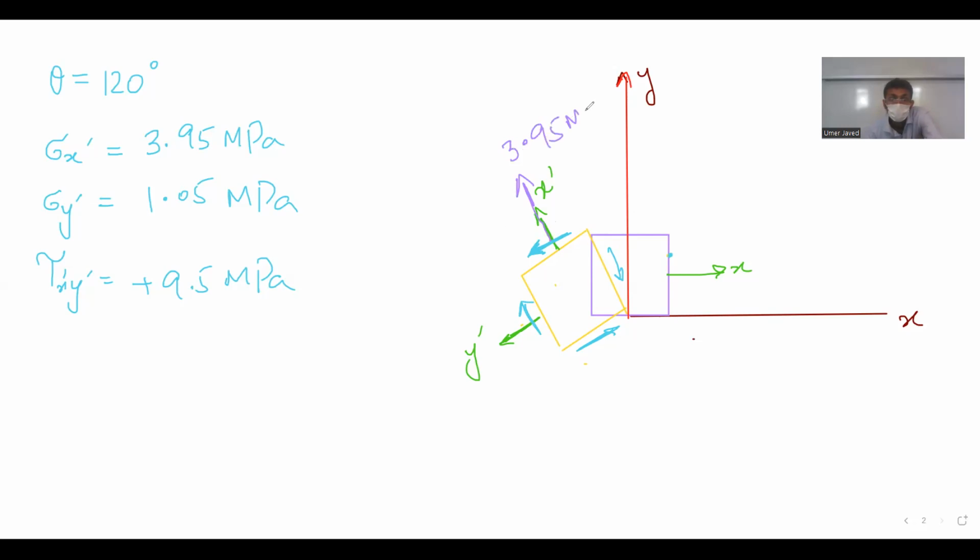By the way, we had a couple of students who told me that I was wrong. Thank you. 3.95 megapascal. I appreciate it so much. Stress y prime is 1.05 megapascal, again in the positive. Let me use a nice red.